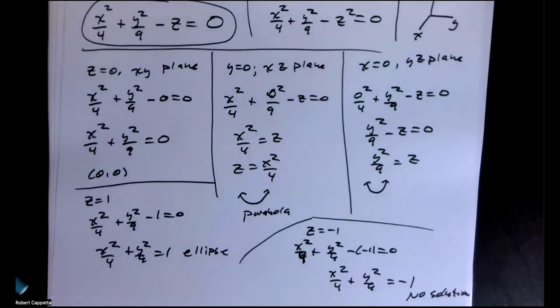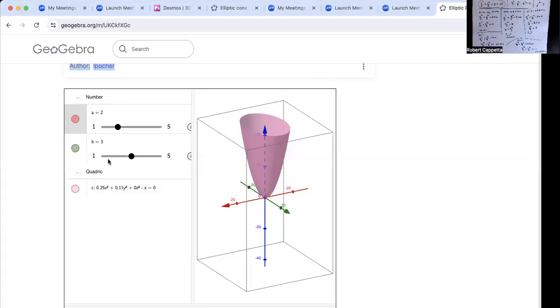Let's take a look at an image. The way this is working, we see the x-axis coming out in red, the y-axis in green, and the z going up. The way this is defined, 2 is the denominator of x, so x squared over 4 or a quarter x squared, plus y squared over 9 or 1/9 y squared minus z equals 0 using this widget.